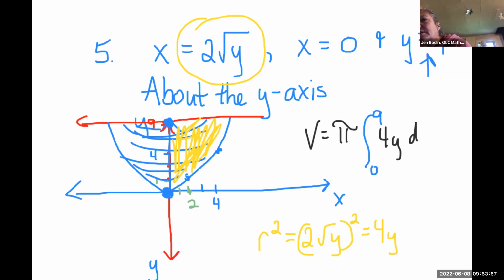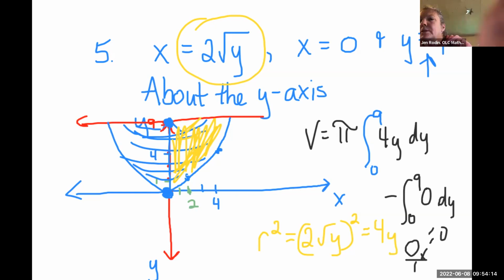So dy minus 0 dy. Because even if I put an x on it, that's 0x to the 1, when I do the antiderivative, that'll just equal 0. So that'll just go away because of the 0 part. But it's officially in there at first.